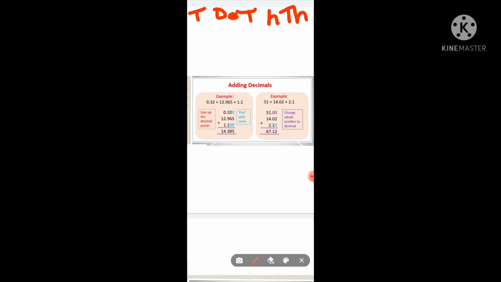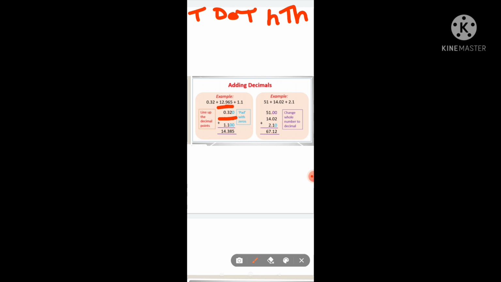After the decimal, the first digit is 3 and 2. So 0.32. But we need to make it a like fraction.